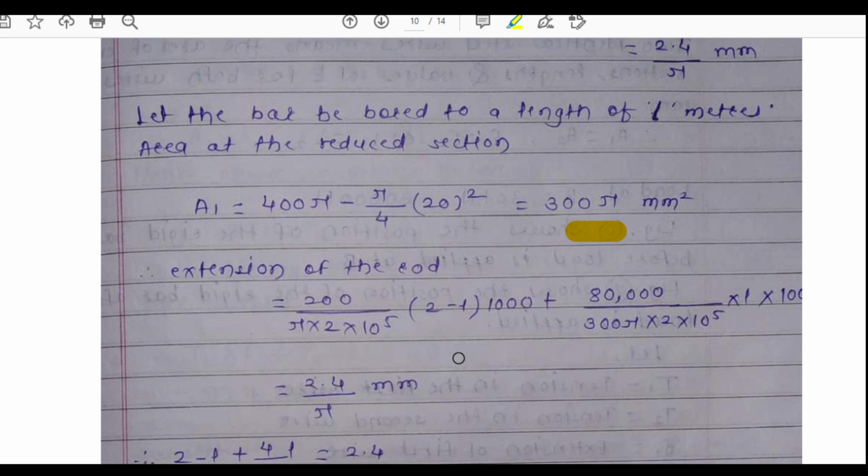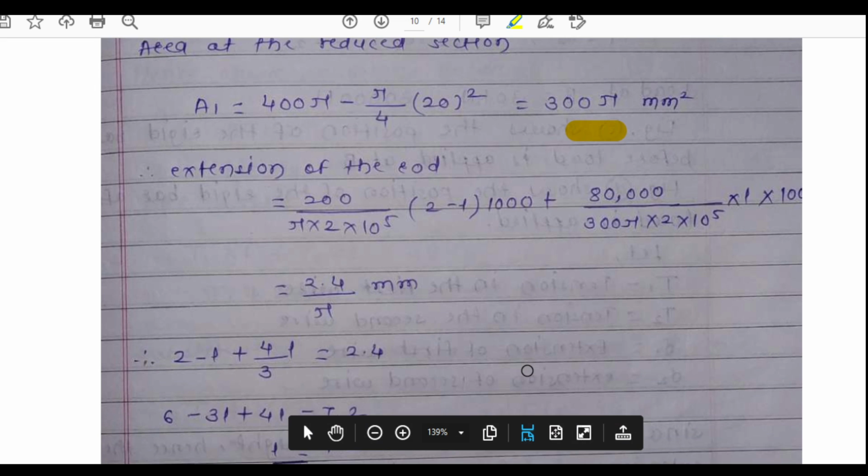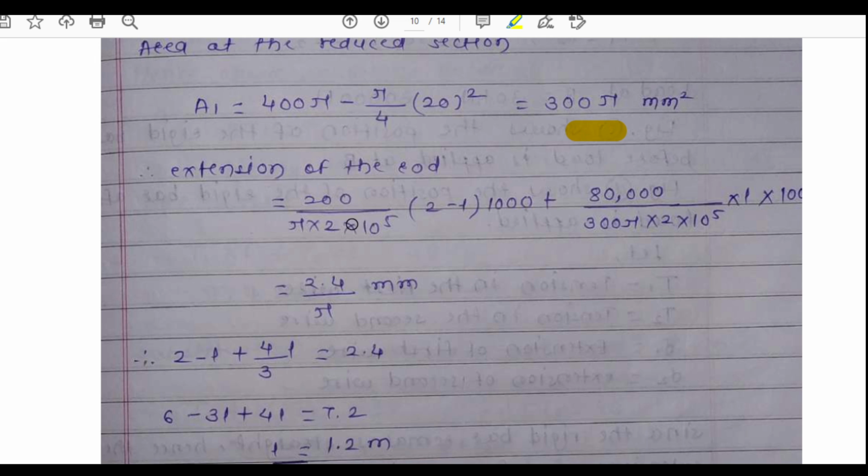Now what will be the extension of the rod? Here it is a simple calculation: we simply take delta L equals sigma upon E into L. So sigma upon E for the first part is 200 divided by pi into E, into 2 minus L into 1000, plus 80,000 divided by 300 pi into E, into L into 1000.